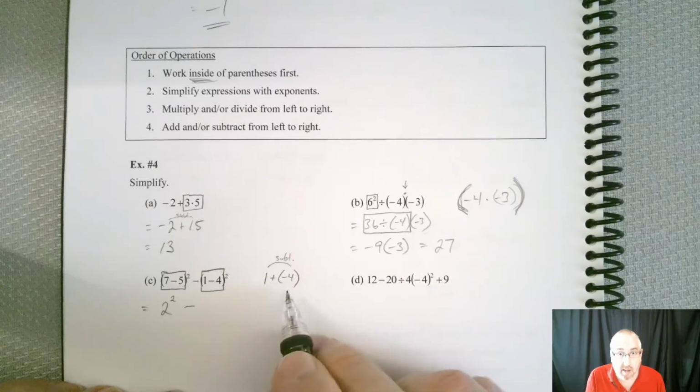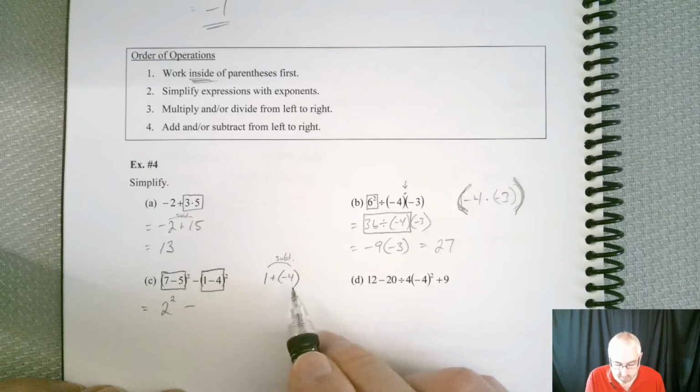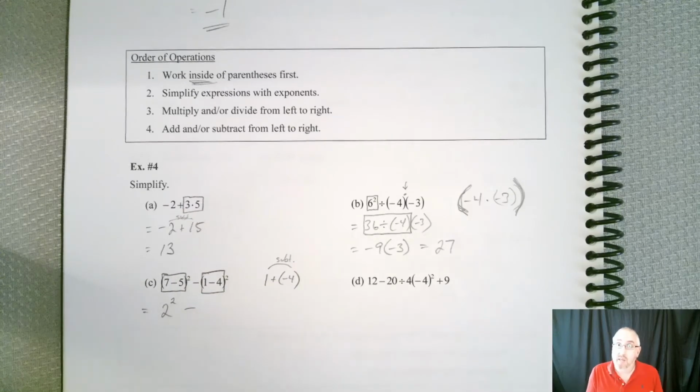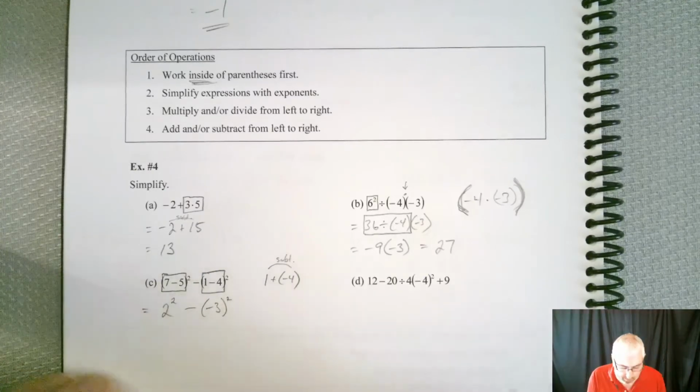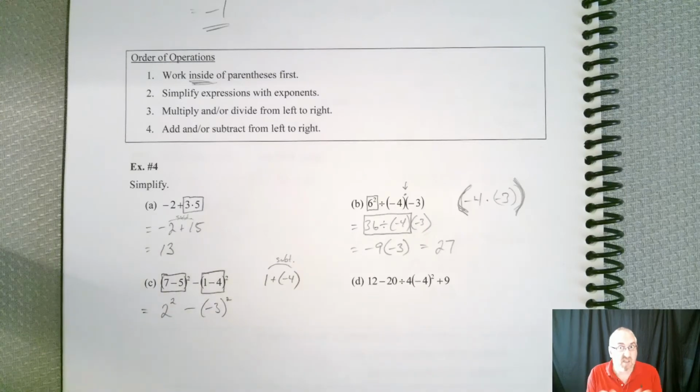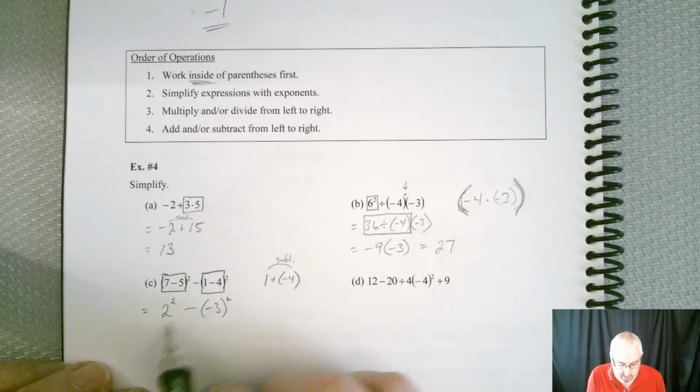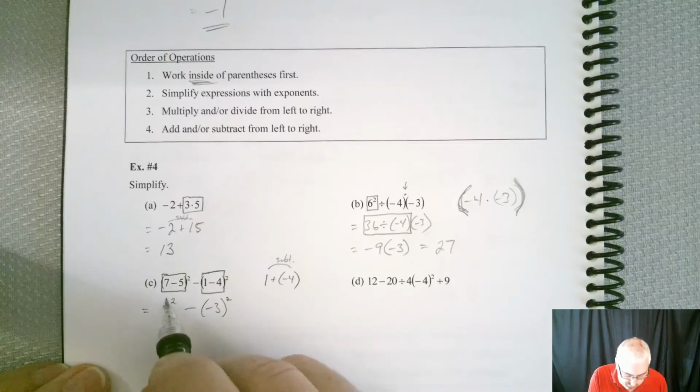And so we should get a negative 3. Because the answer is negative, we do want to keep those parentheses. So negative 3 to the second power. So there we go. Parentheses are gone as far as stuff to do inside of them. And so now we can take care of the exponents.